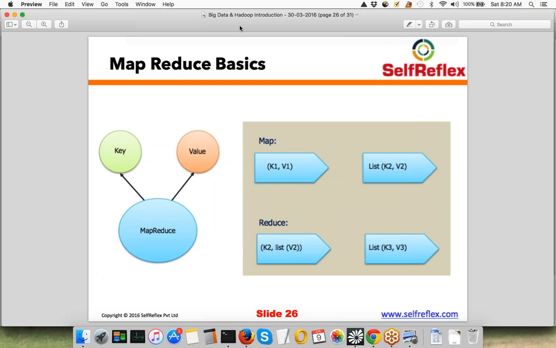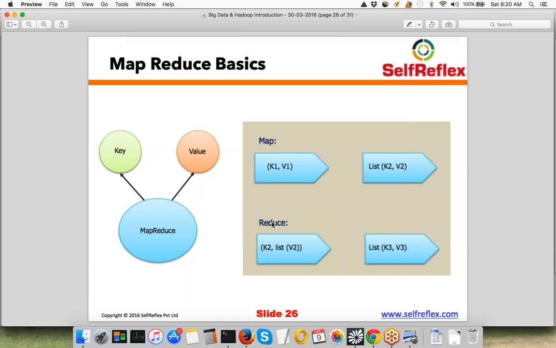Whatever your data is, every record of your data will be divided into a key and a value. So the framework provides one record at a time to a map function, and the map function receives a key and a value as input, and it emits a list of keys and values as output.